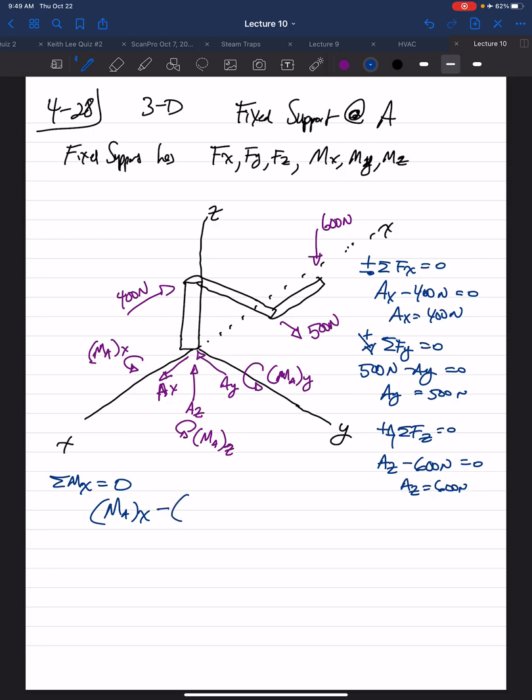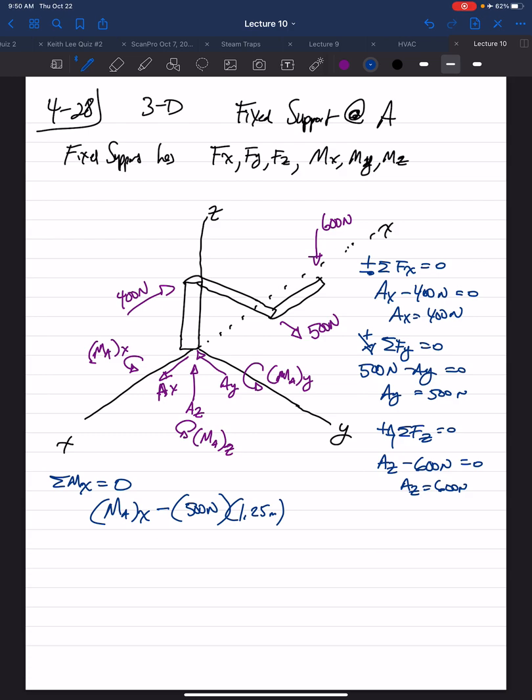So we minus that. And the perpendicular distance from the 500 Newton force to the x-axis is the 0.75 meters plus the 0.5 meters, which gives you 1.25 meters.